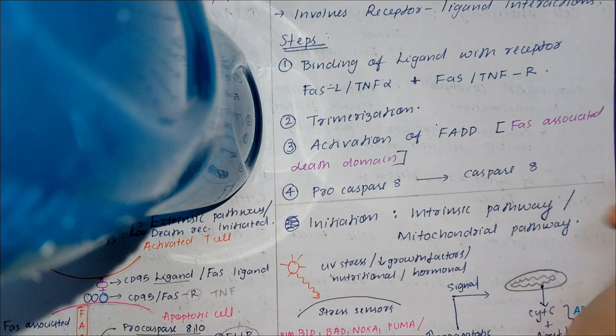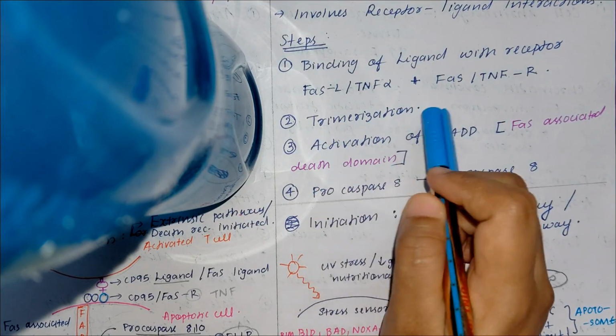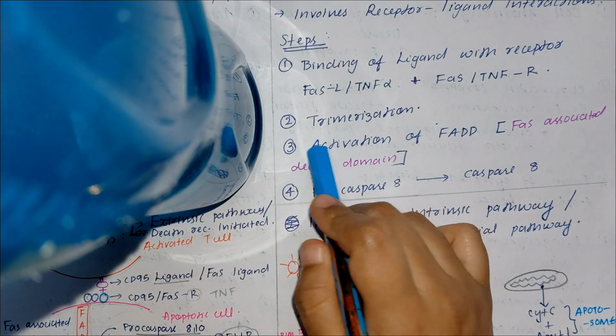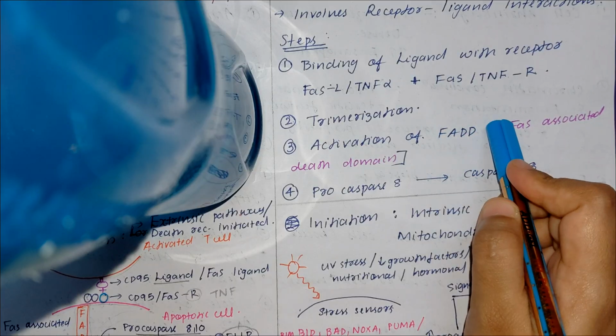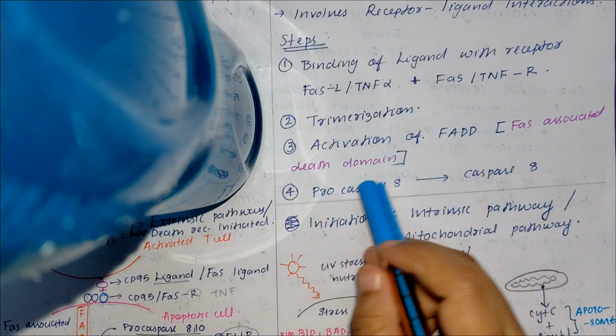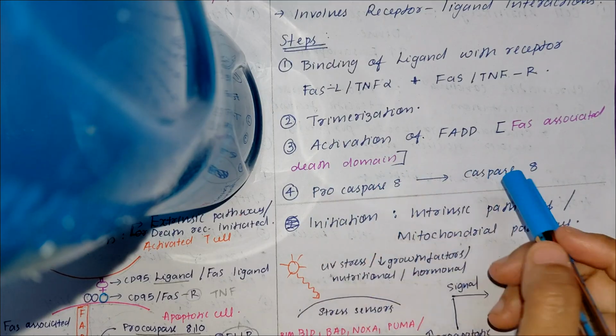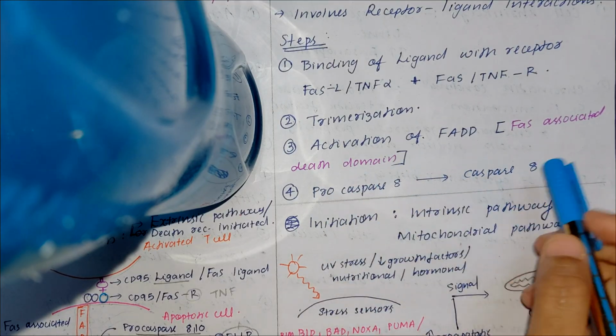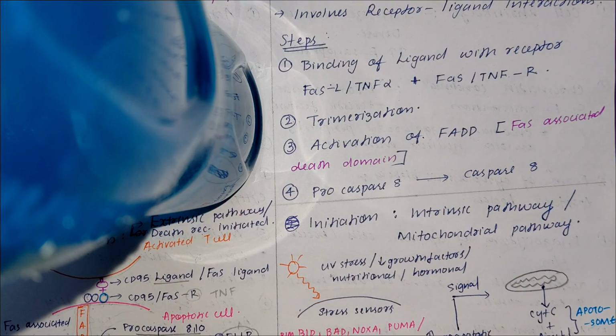Second, trimerization. Third, activation of FADD, the FAS Associated Death Domain. And then activation of pro-caspase 8 and 10 to caspase 8 and 10. Those are the steps of the extrinsic, or death receptor-initiated, pathway.